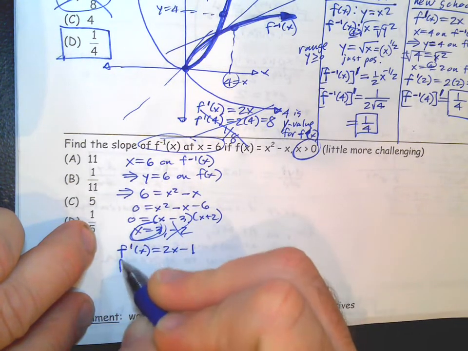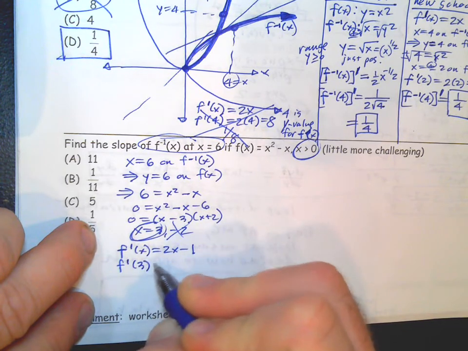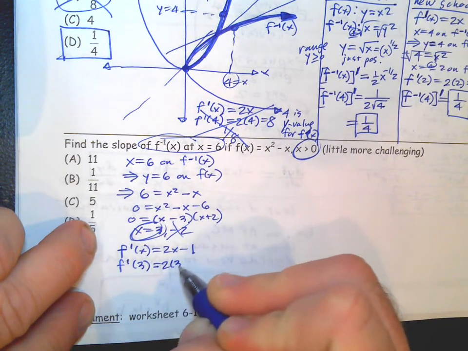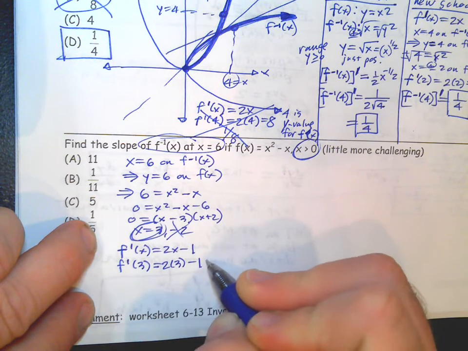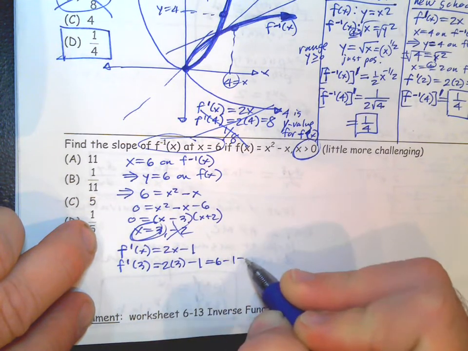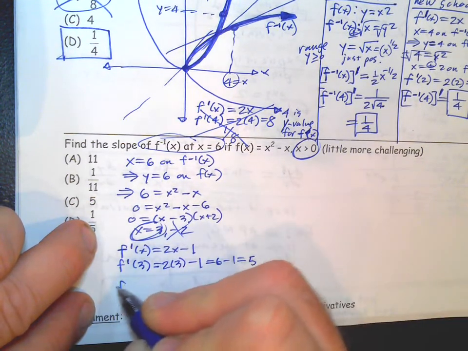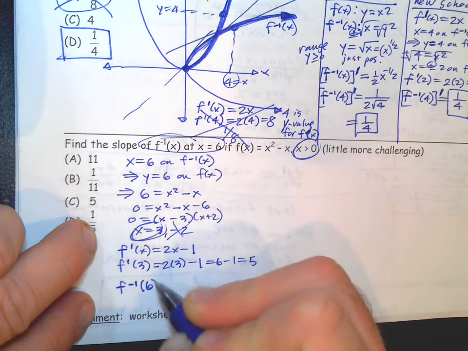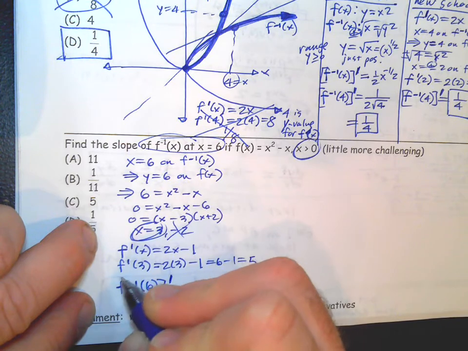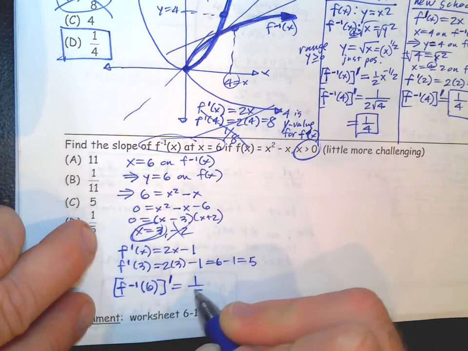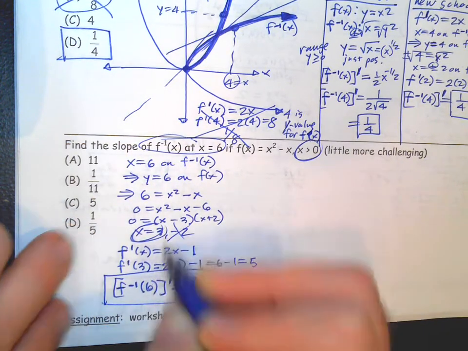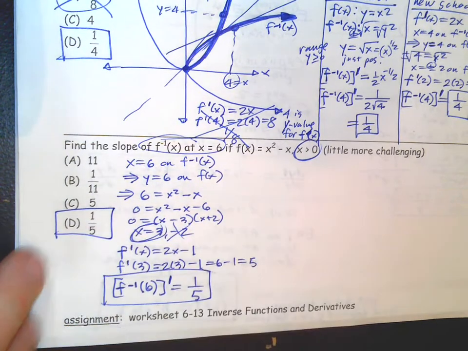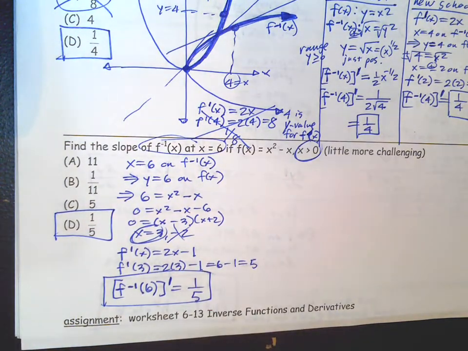And then we're going to plug 3 into it, which is going to give you 5, which means the derivative of the inverse at x equals 6 is going to be that flipped upside down. Okay? That's the new school approach.